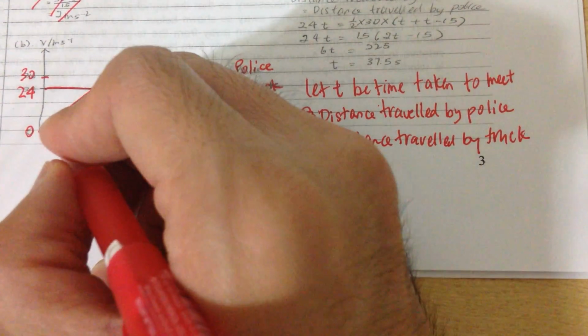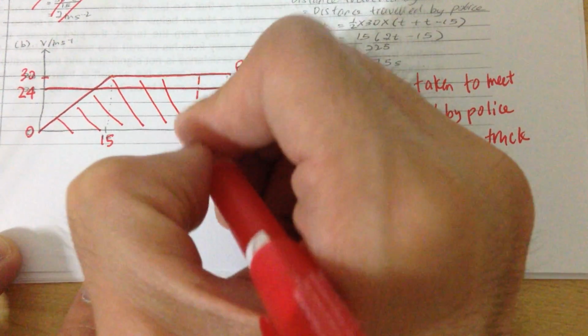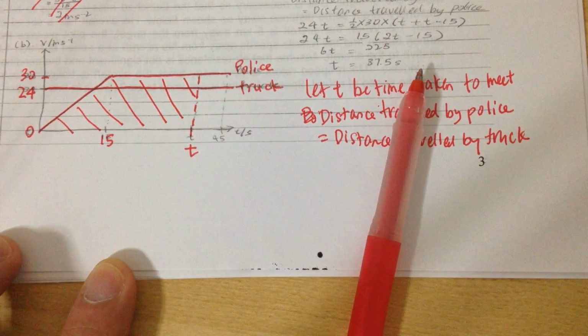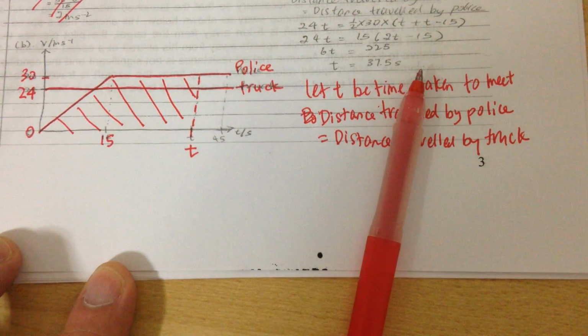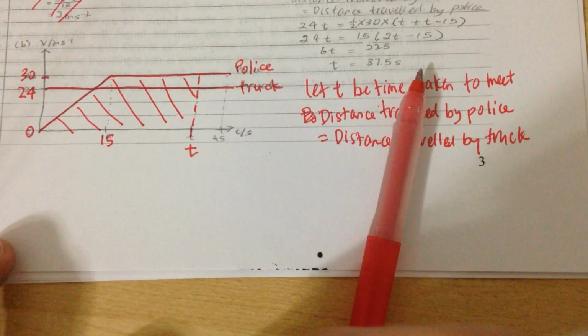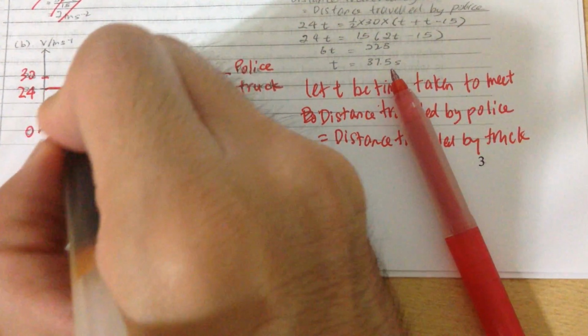The distance traveled by the police is actually this shaded region here from 0 to t. Then how do we find the distance traveled by the truck? The distance traveled by the truck will be given by another shaded region, which is here.